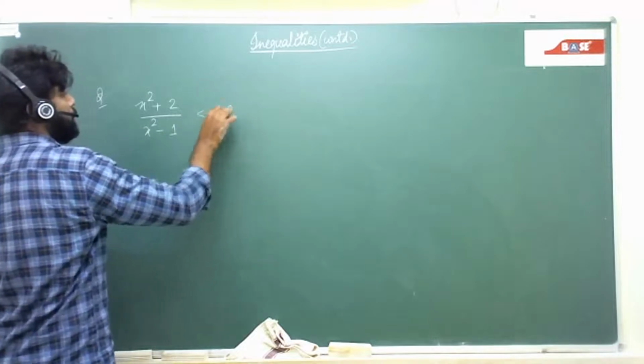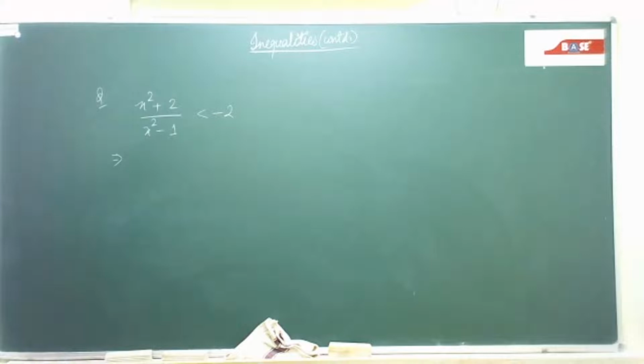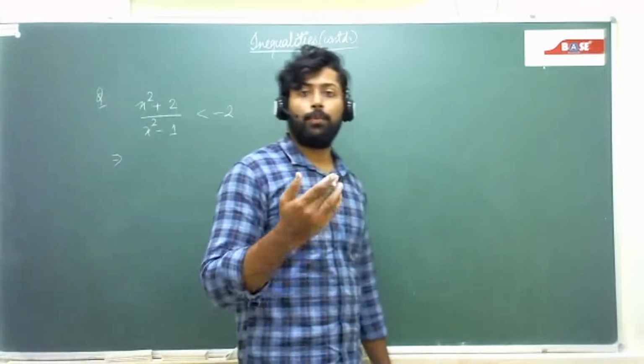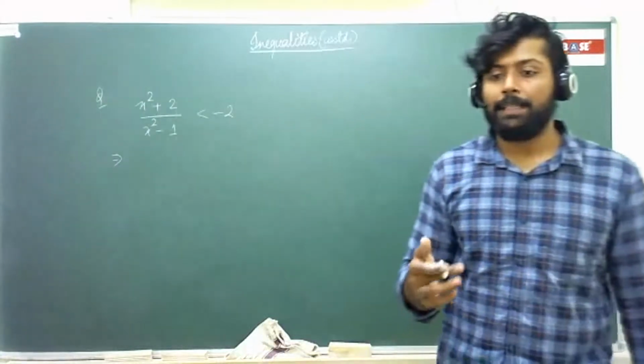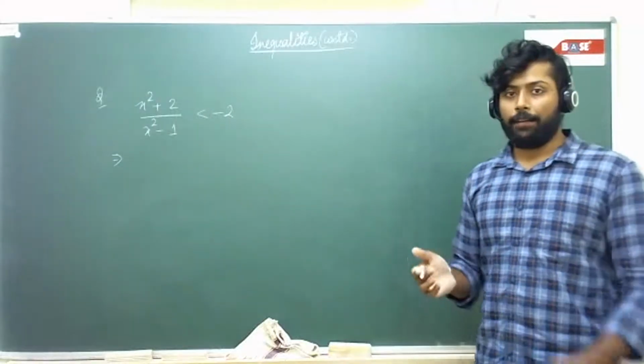That's what is given. Now in that type of cases, first thing, generally we will see that we can't do the cross multiplication, because in inequality we can do the cross multiplication when you know the sign of the denominator. Let's say if it is entirely positive or entirely negative. If we can't decide the sign, then we can't, right?